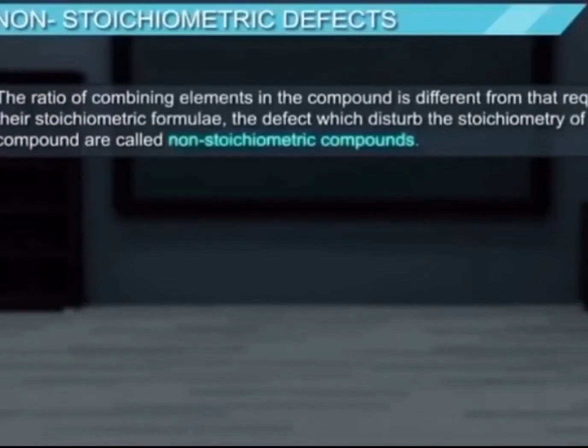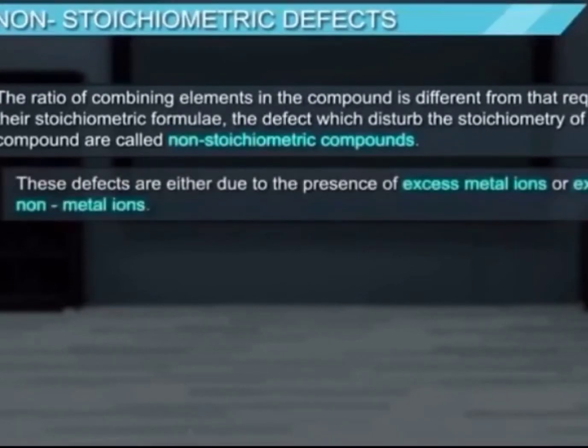Non-stoichiometric defects. Some non-stoichiometric solids are known to contain the constituent elements in non-stoichiometric ratio due to the defects present in their crystal structure. These defects are either due to presence of excess of metal ions or deficiency of metal ions.